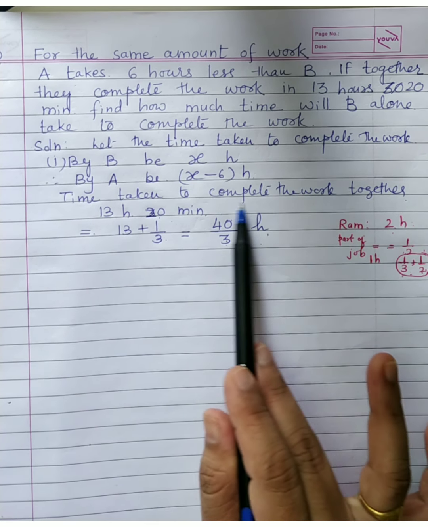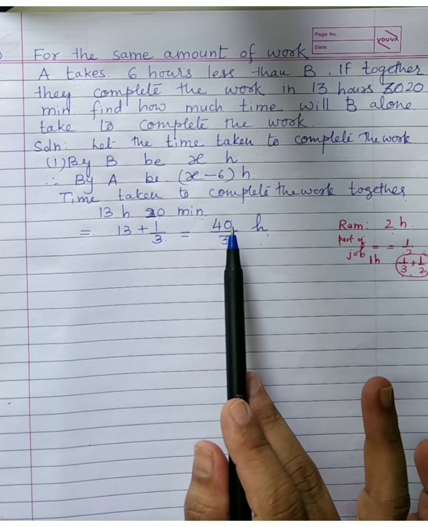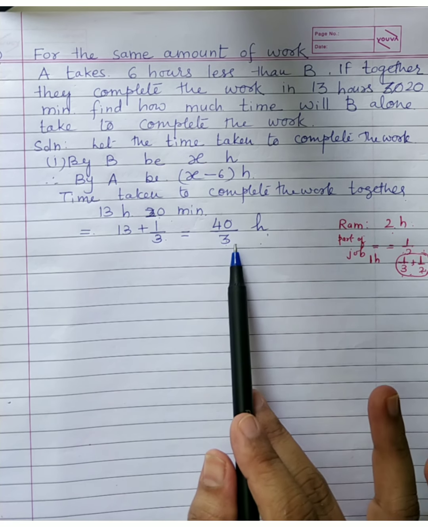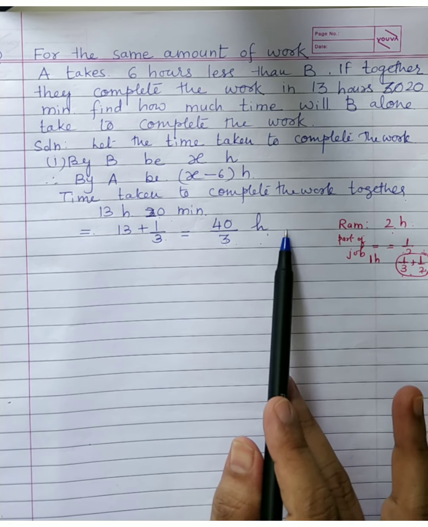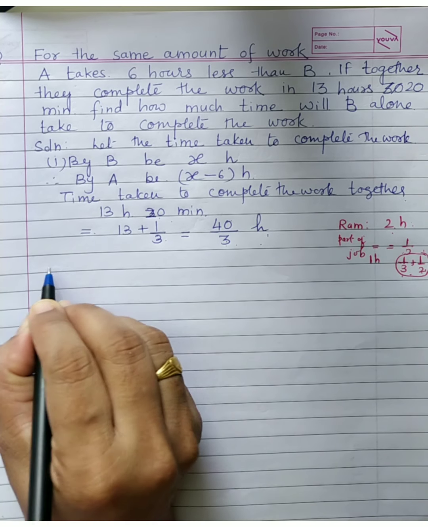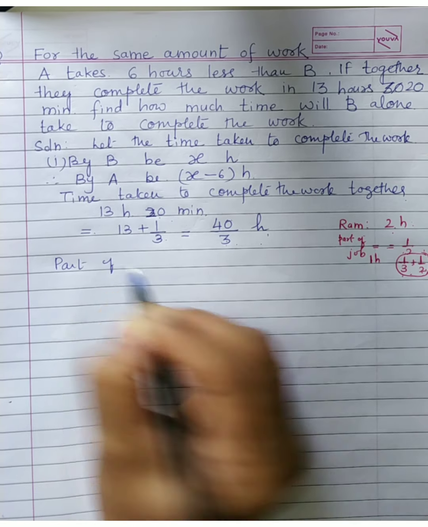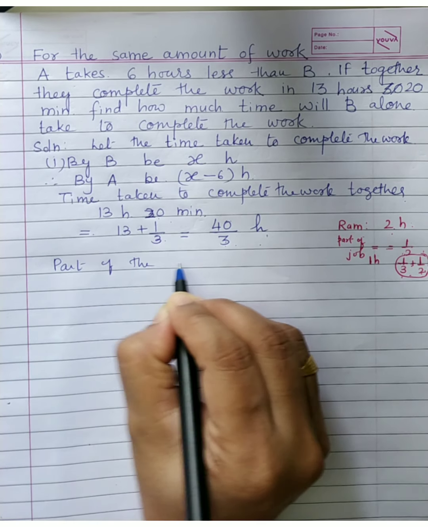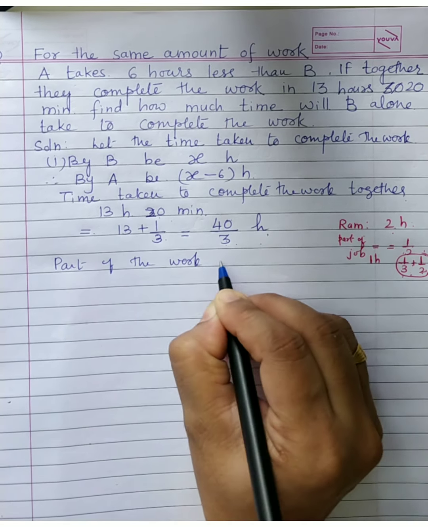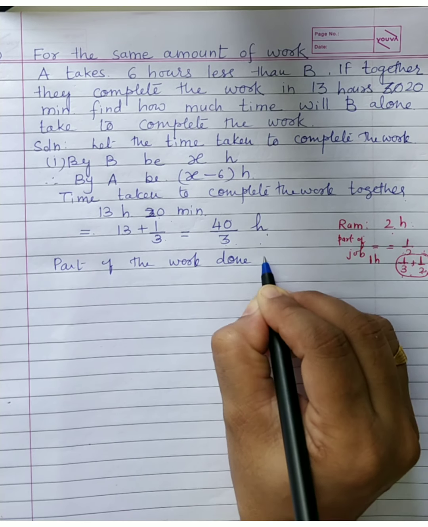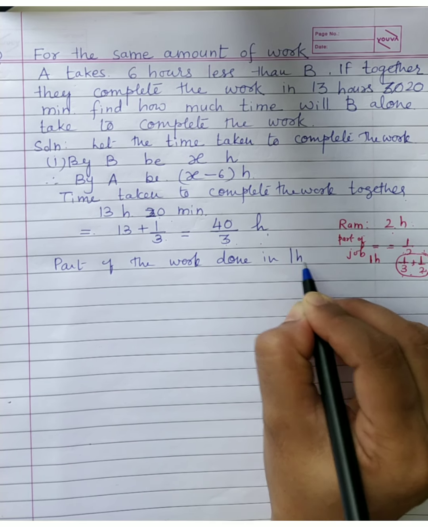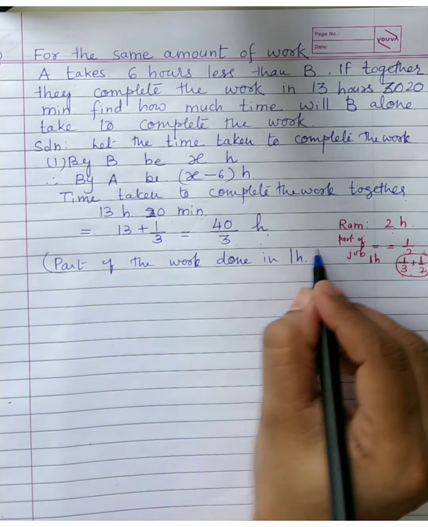So if the whole work is completed in 40 upon 3 hours, how much work is completed in 1 hour? 3 upon 40. But how much work will be done in 1 hour? Part of the work, that gives you the equation. Part of the work done in 1 hour by both. Okay, this is for your understanding.